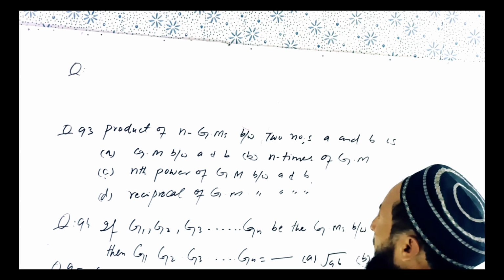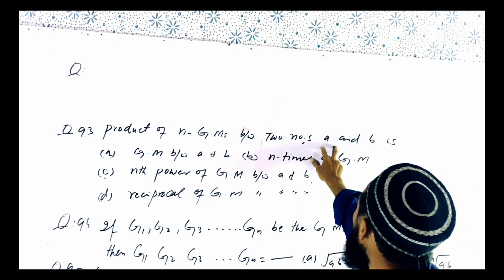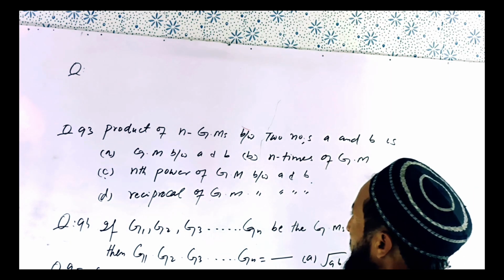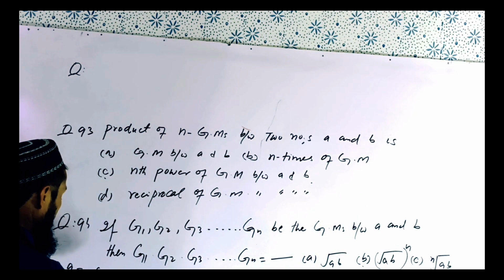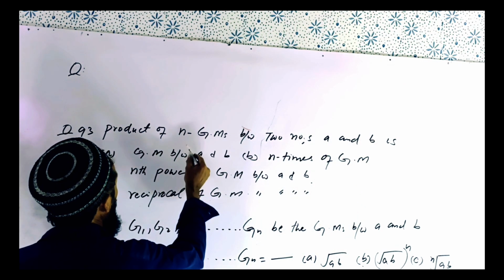Question 93: the product of n geometric means between two numbers a and b is required.